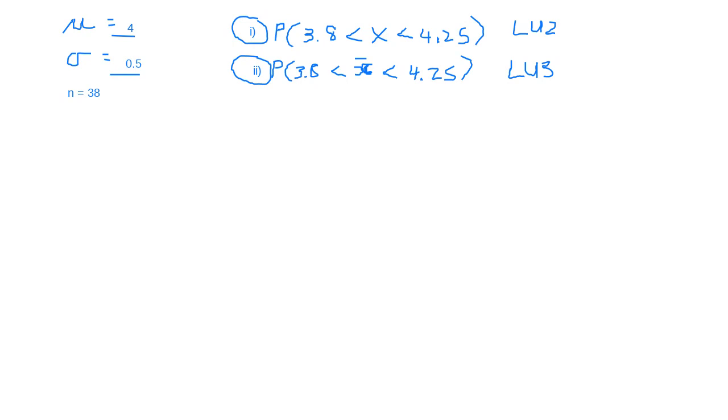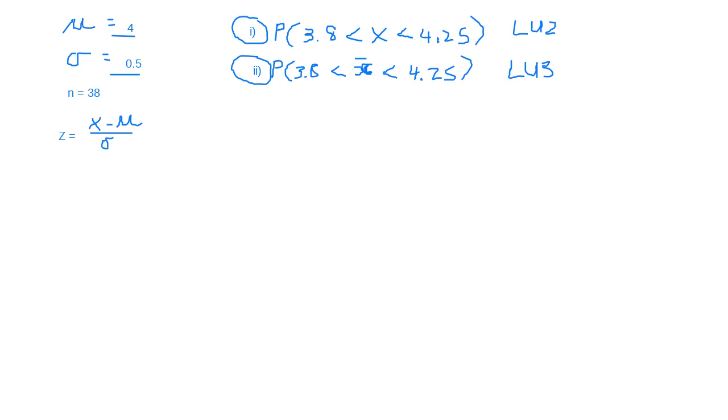So you will have this in your formula sheet. You will have these two conversions to get z. You have z equals x minus mu all over sigma.